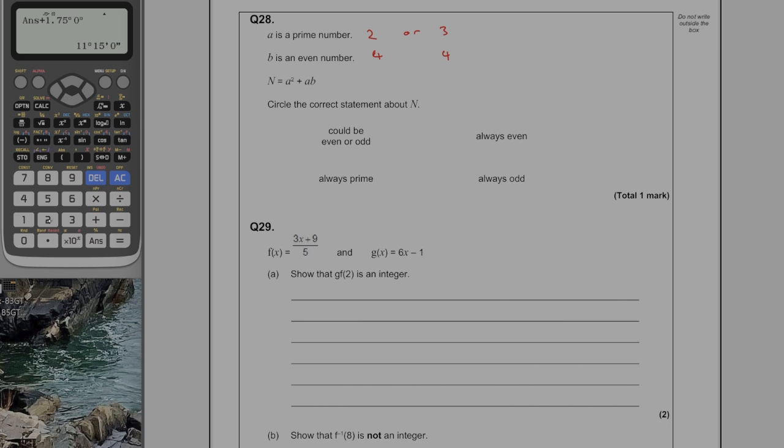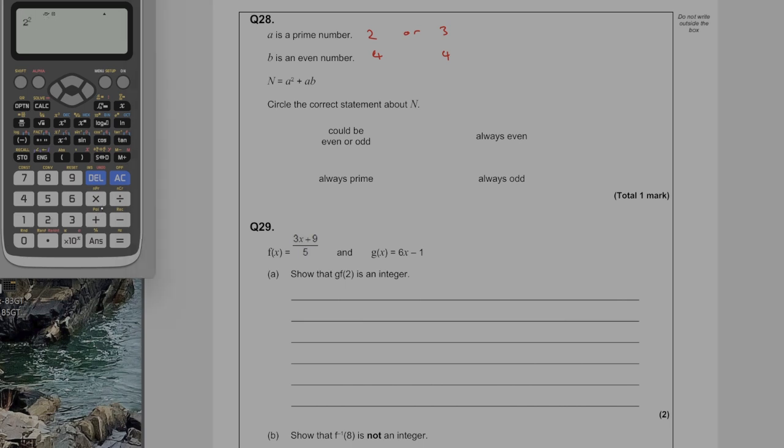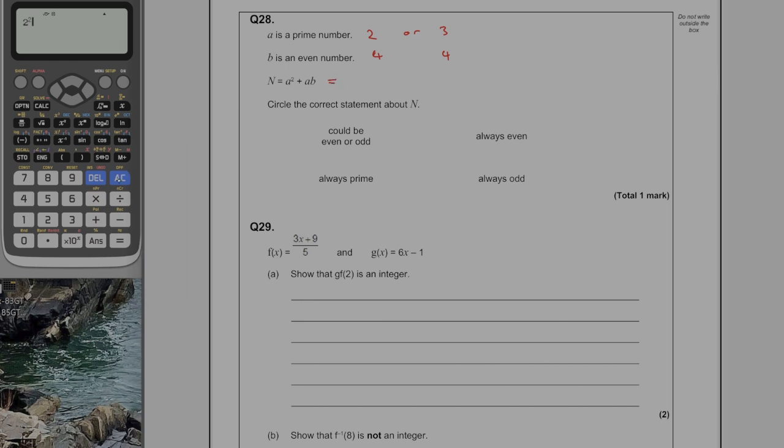So if I do 2 squared, well, no, actually, I'm going to rephrase that to be A times by A plus B. So if we imagined it was 2 and 4 to start with, an even times an even would be an even number.